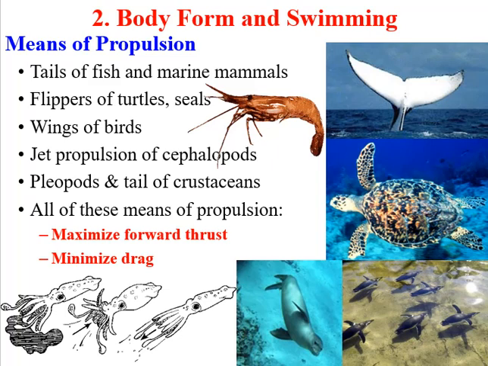This forward propulsion is important for them moving around, but it's also important for them to be able to generate a lot of forward thrust in a very efficient way, minimizing drag, minimizing the amount of energy that's expended. So that is an adaptation they find in all these different types of nekton.